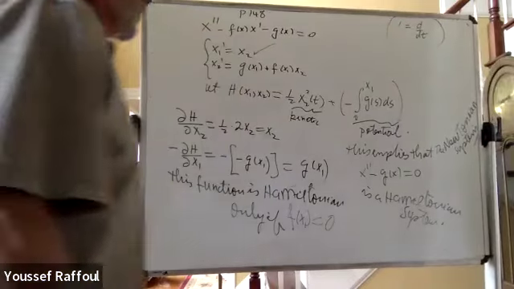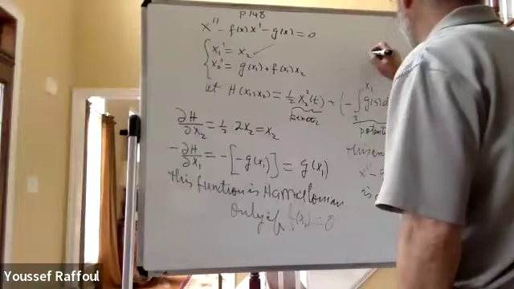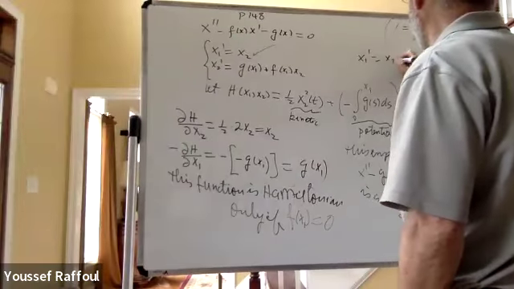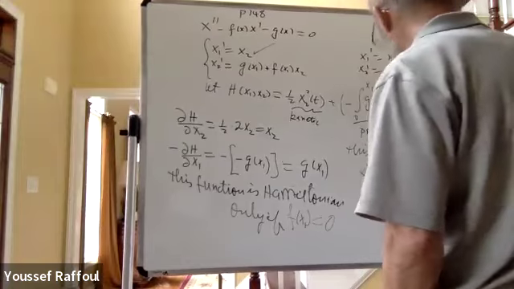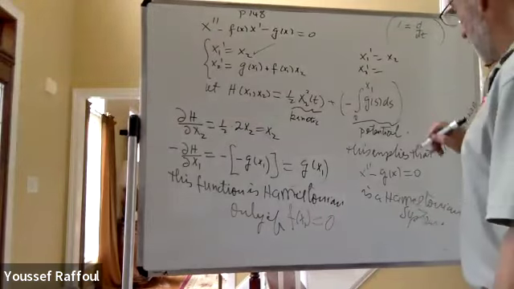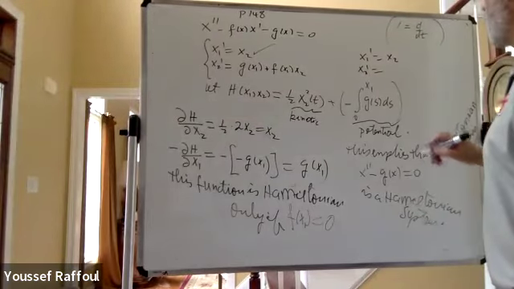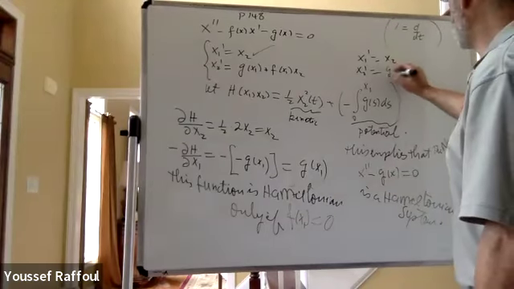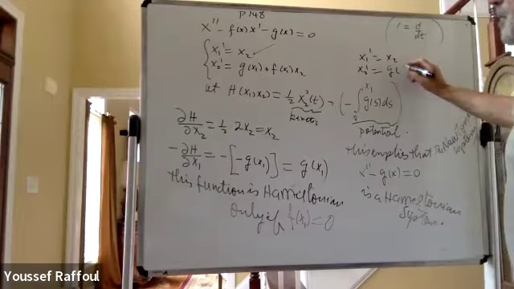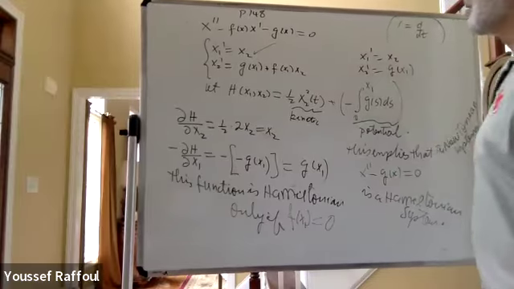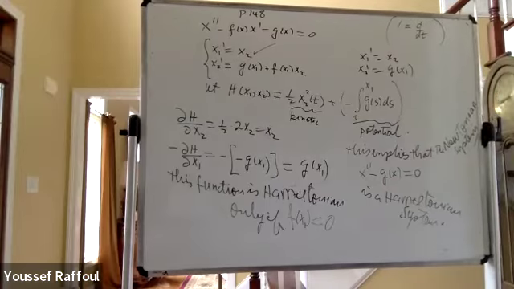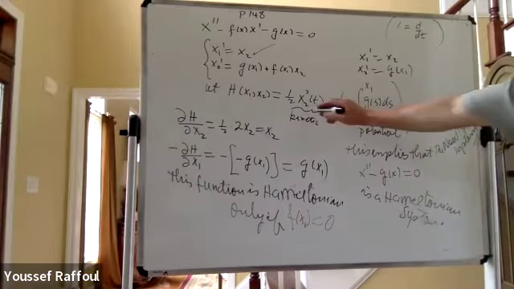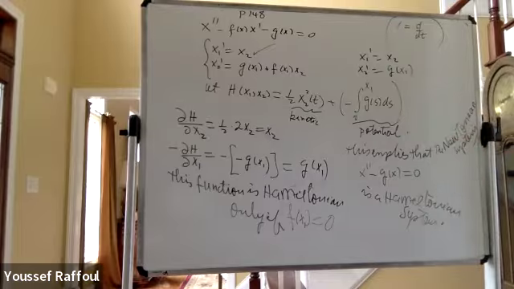Well, what did we do? Basically, you got x1 prime equal x2, x2 prime equal g of x, equal to g of x1. And you take this Hamiltonian function, and then that should work.